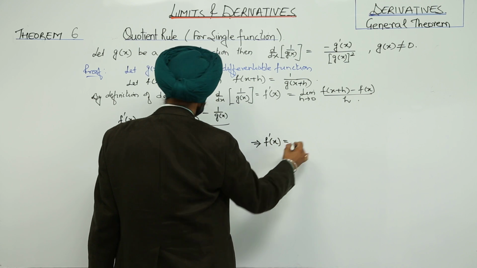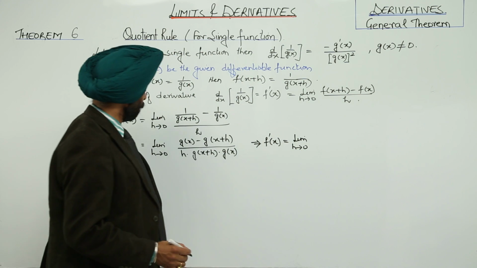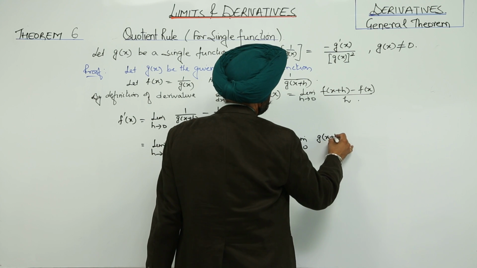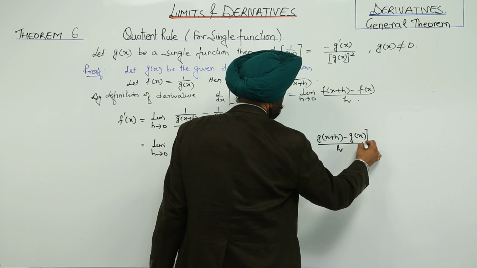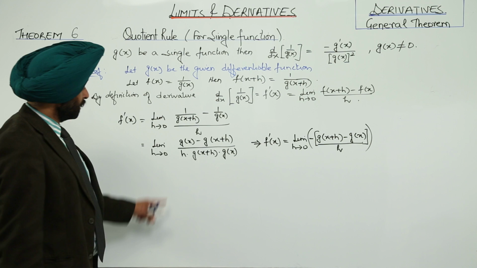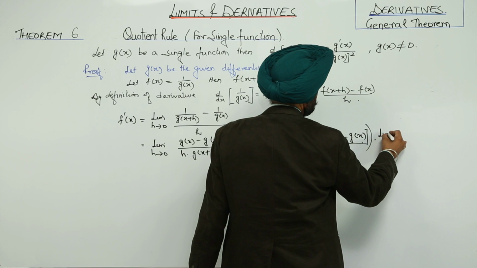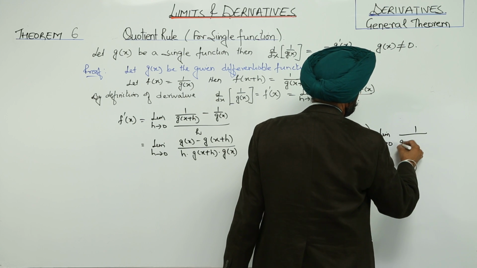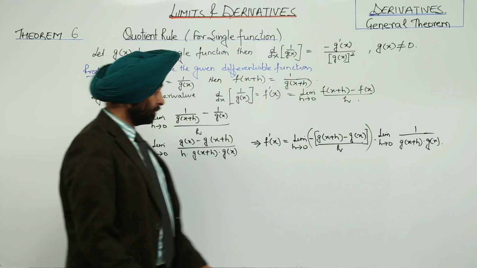f'(x) is equal to the limit as h approaches 0 of (g(x+h) - g(x))/h, and this whole with the negative part, like this, because I have just altered the terms, times the limit as h approaches 0 of 1/(g(x+h) g(x)).